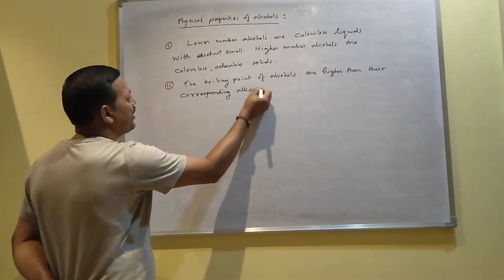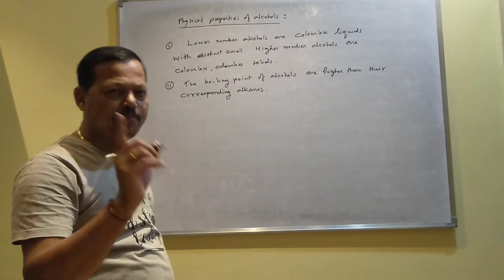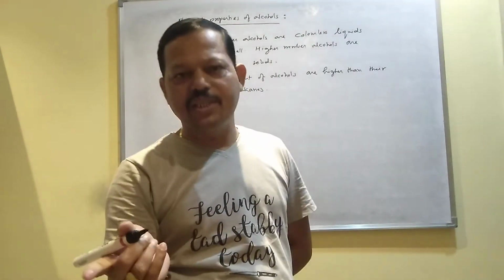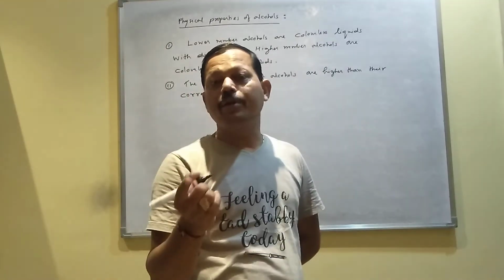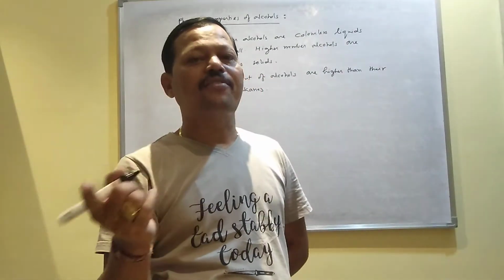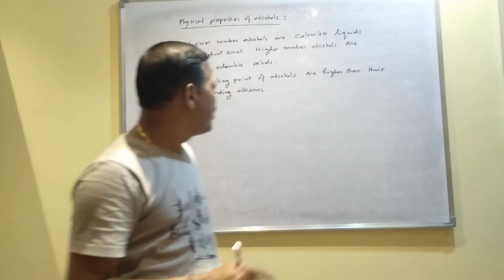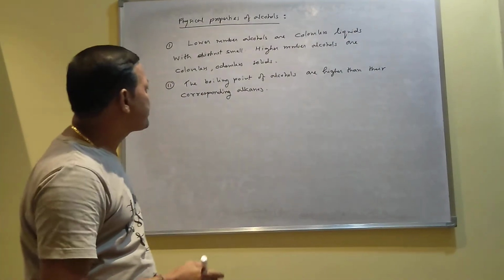Corresponding alkane means methanol has higher boiling point than methane, ethanol has higher boiling point than ethane, propanol has higher boiling point than propane, like that. That is called corresponding alkanes.